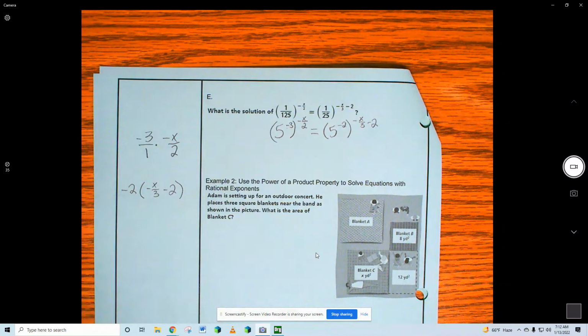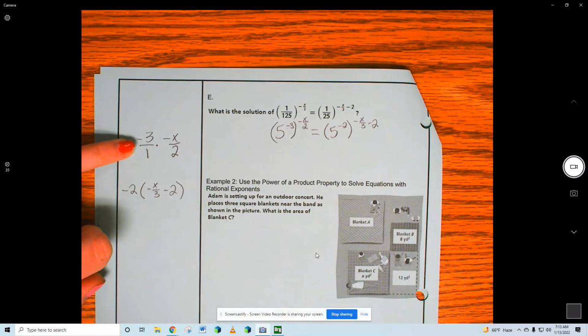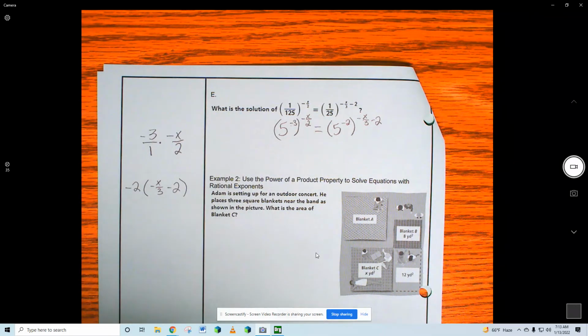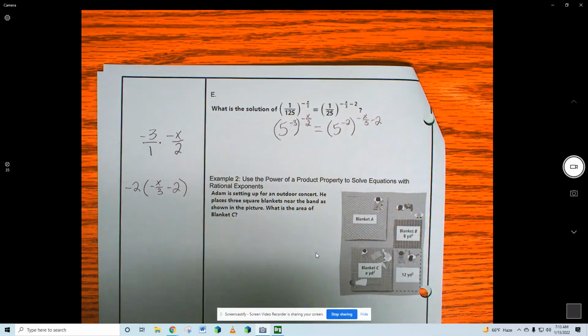Straight across, what do I get? Okay, we can just sit here and wait. I will literally wait for you. Somebody new. What is this number when you multiply straight across? Yes. Thank you. 3x over 2.